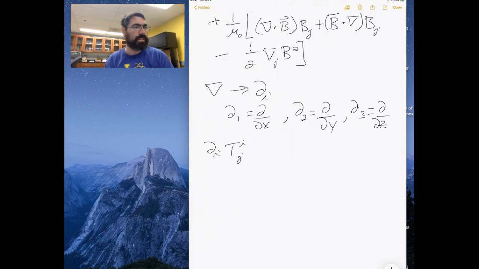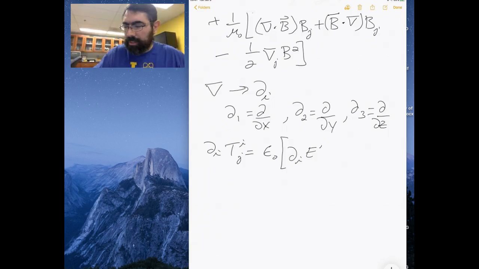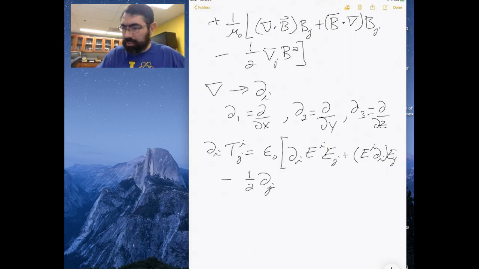And when I do that, I can write out epsilon naught del I electric field I EJ plus EI del I EJ minus 1/2 del J EI EI, like so.